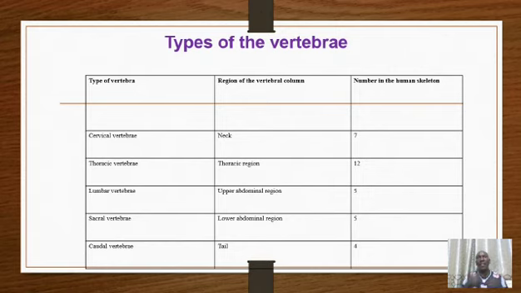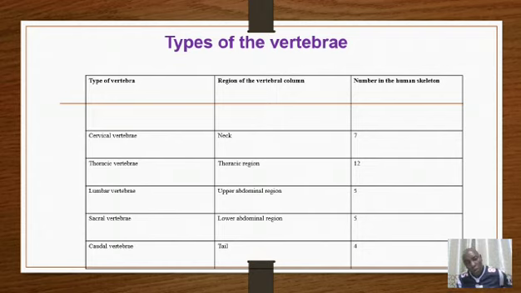Then we've seen that the vertebral column has a variety of vertebrae, different types of vertebrae. There are vertebrae in the neck, there are vertebrae in the thoracic region, which we call the thoracic vertebrae. Now below the thoracic vertebrae, we have vertebrae in the upper abdomen, called the lumbar. Then others in the lower abdomen, called the sacral.